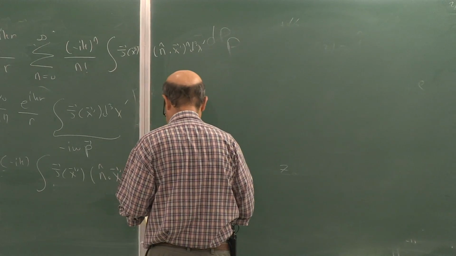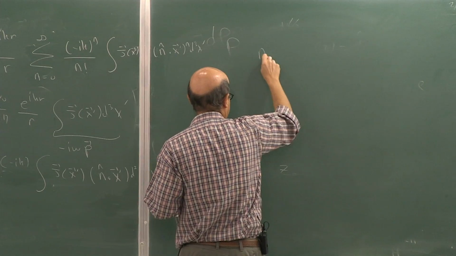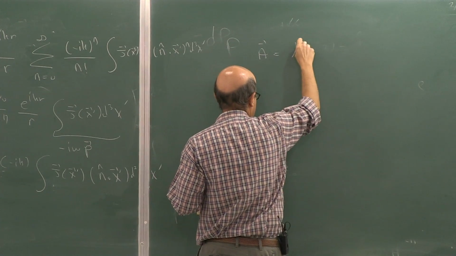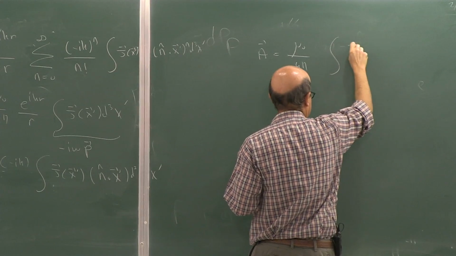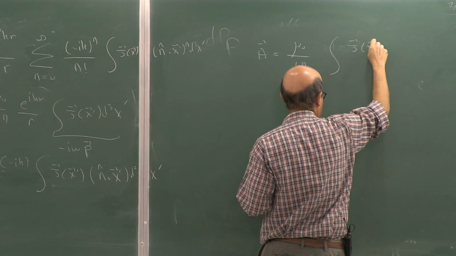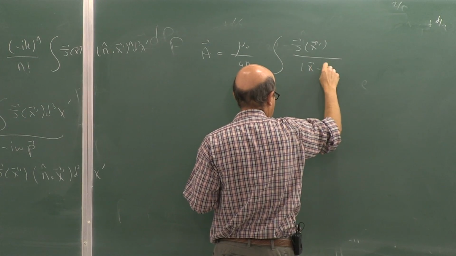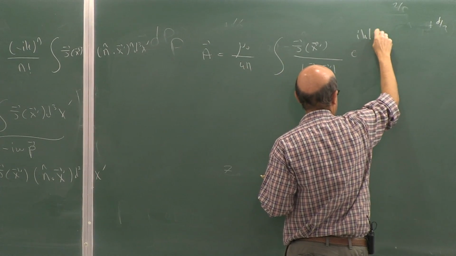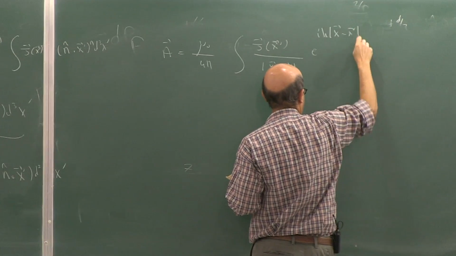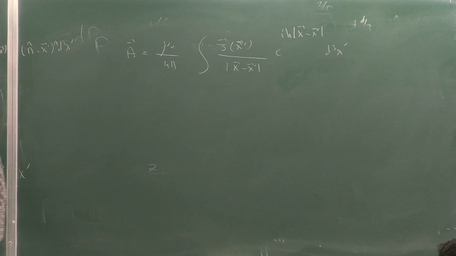So we have the vector potential, mu0 over 4 pi, integral of current density, x over x prime, e to the ik times x minus x prime, d cube x prime. So this is the exact vector potential.